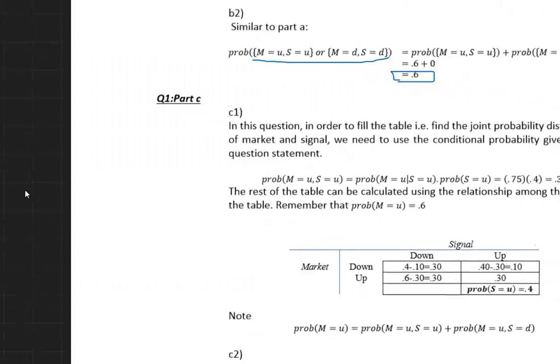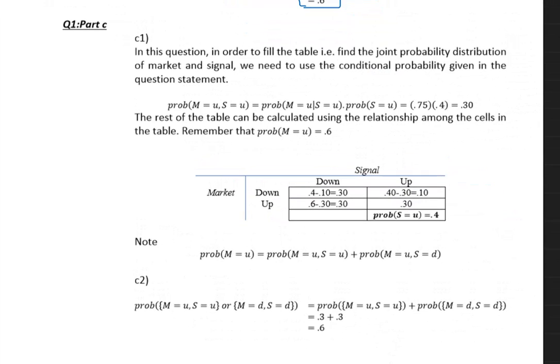So going to the solution manual. The main difference here is that since these two events are dependent on each other, we can't simply multiply their unconditional probabilities.